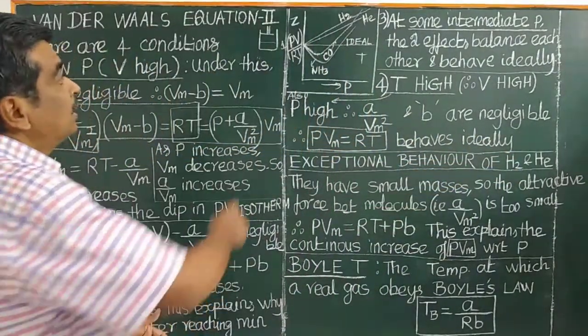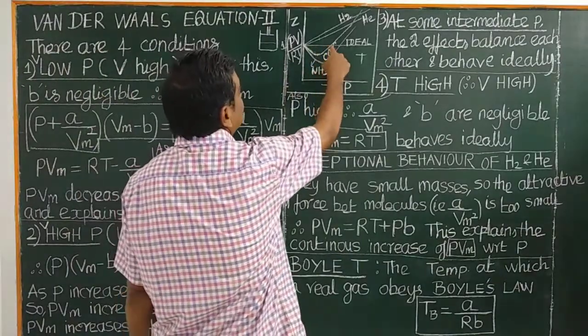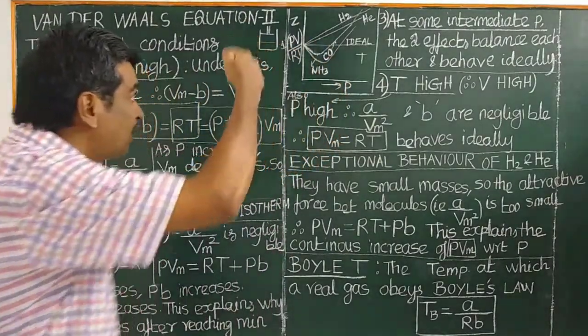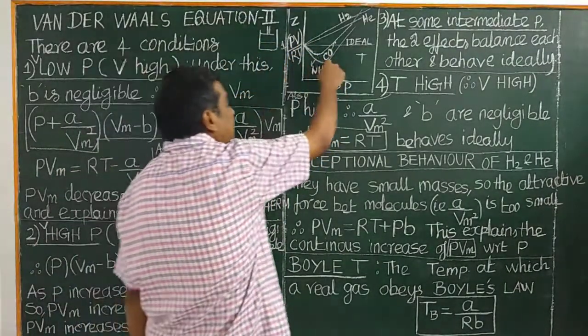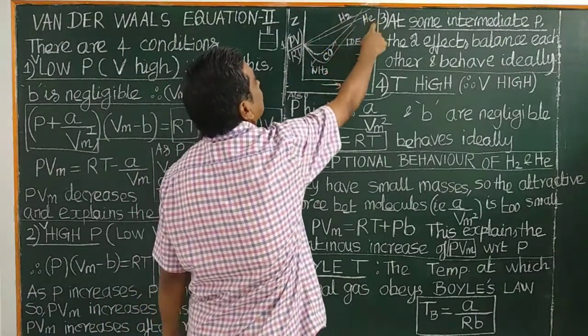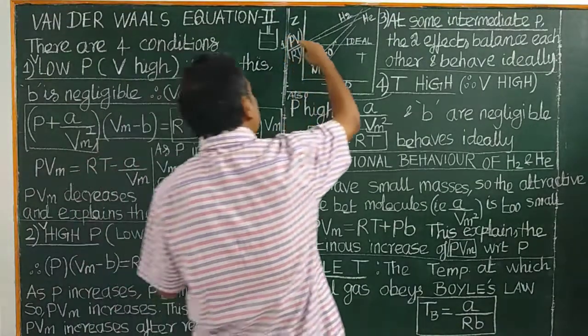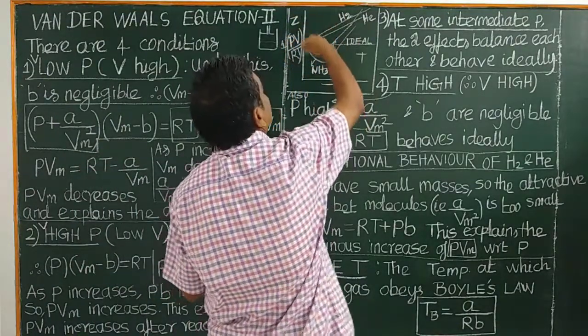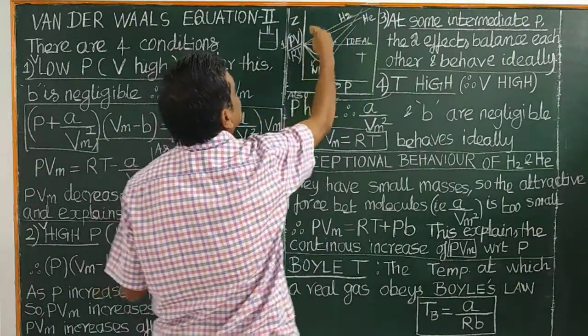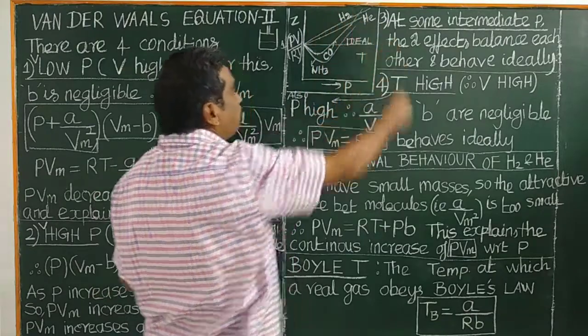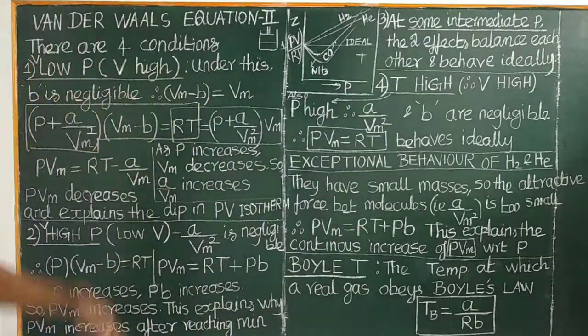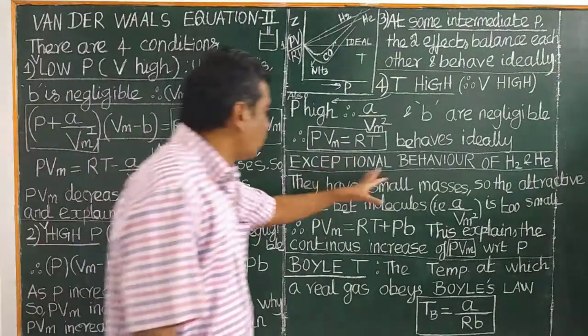Now let us see. For most of the gases, there is a dip, there is a decrease. But exceptional are hydrogen and helium, they always have greater value. Z is greater than 1. Why is it so? Let us explain now.